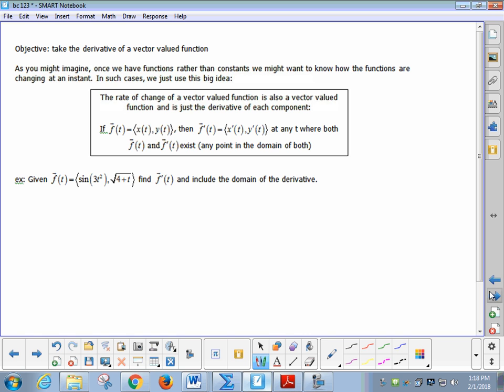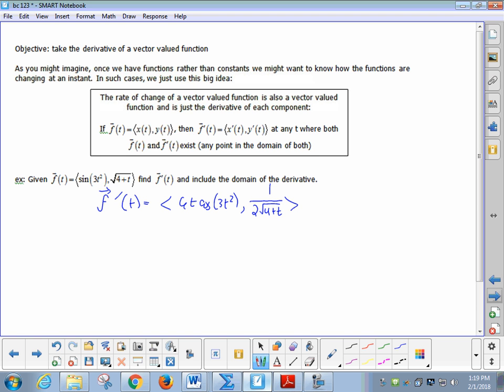So if I want f prime, the vector f's derivative, I just take the derivative of each component. The derivative of a vector is a vector. And the derivative of the horizontal component is 6t cosine of 3t squared, and the vertical is 1 over 2 root of 4 plus t.